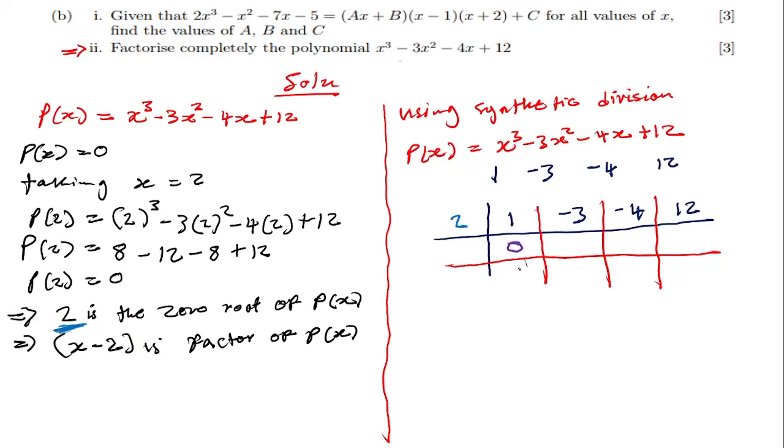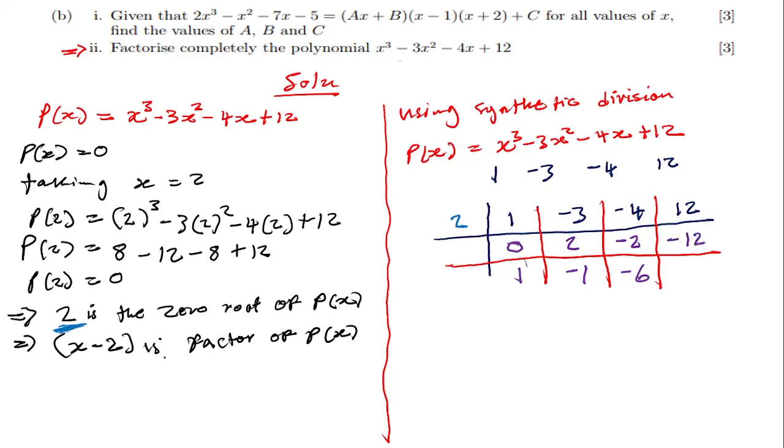Then you say 2 times 1, it's simply 2. Negative 3 plus 2, it's negative 1. Then 2 times negative 1 is simply negative 2. Negative 4 minus 2, it's negative 6. 2 times negative 6, it's negative 12.